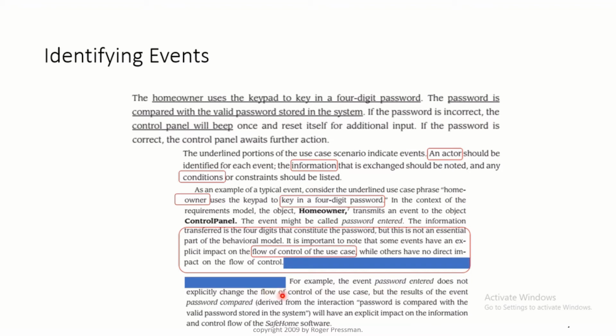But the result of the event password compared, which is another event happening in this line, will definitely alter the flow of control of the use case. So there are certain events that have a direct impact on the flow of the scenario, and there are some events that have an indirect impact.